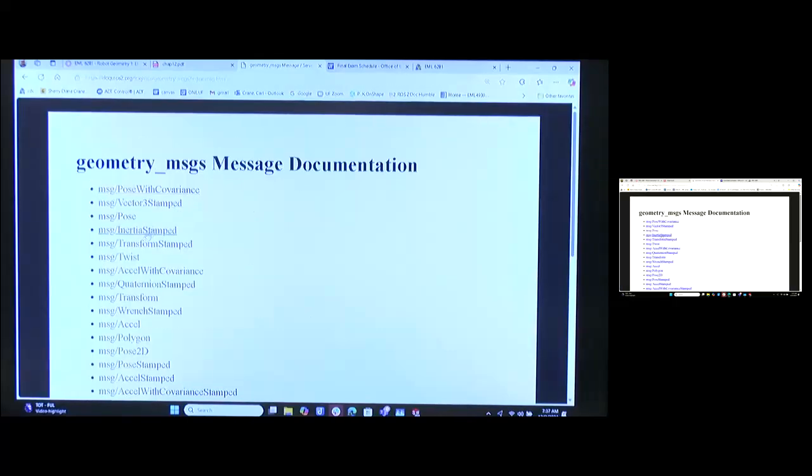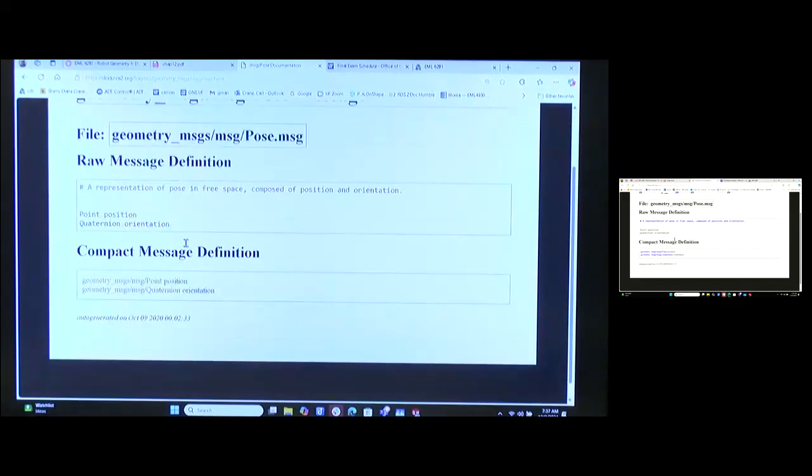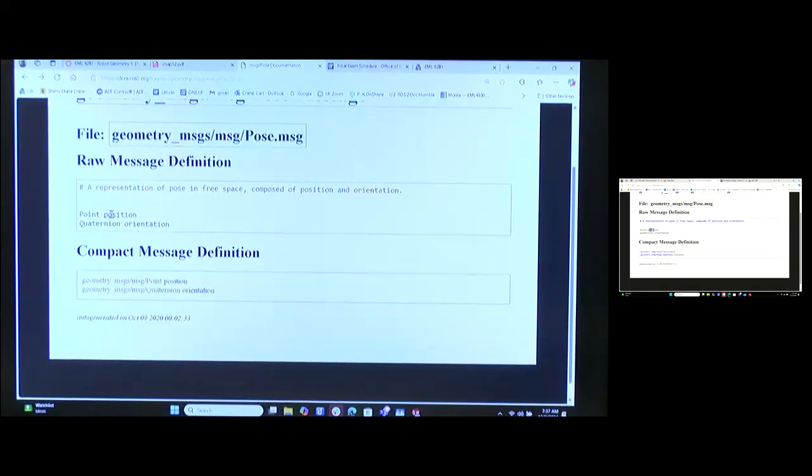These are pre-written messages that are used quite often. Let's take a look at what they use for pose. A pose is going to have a variable in the message of type point, and I can click here and see what point is. Oh, it's got an X, a Y, and a Z. And the name of that field in that message is called position.